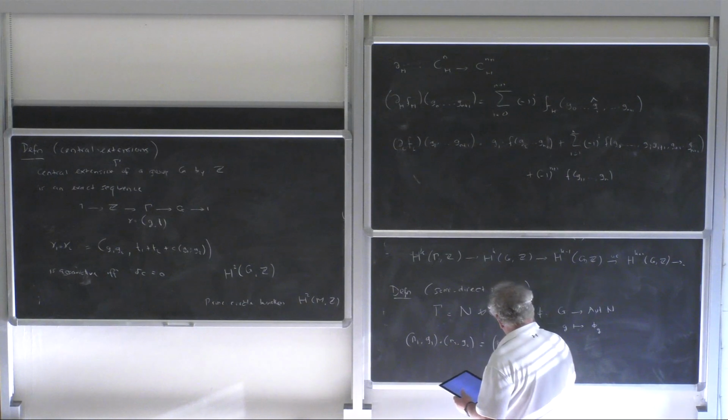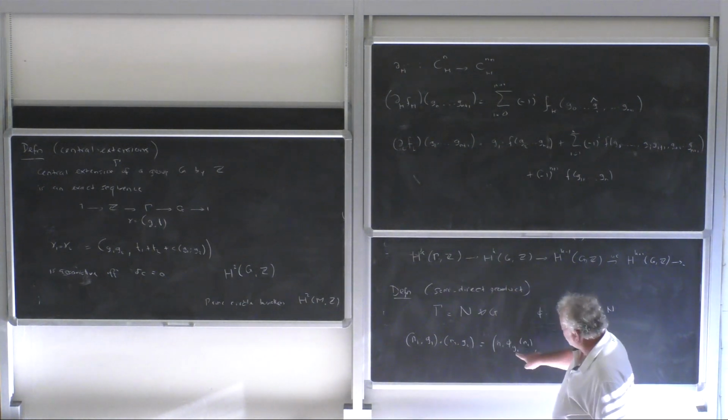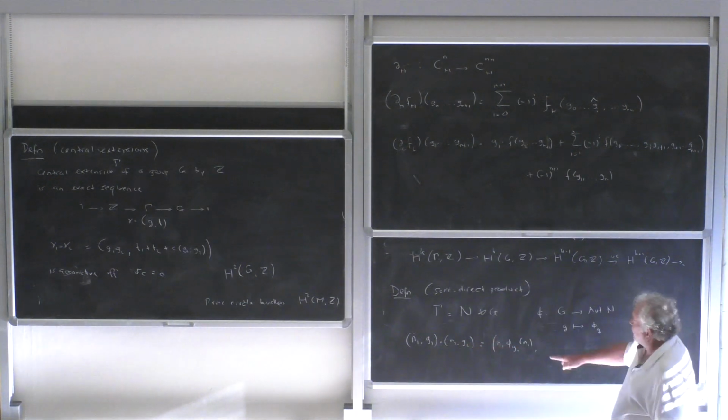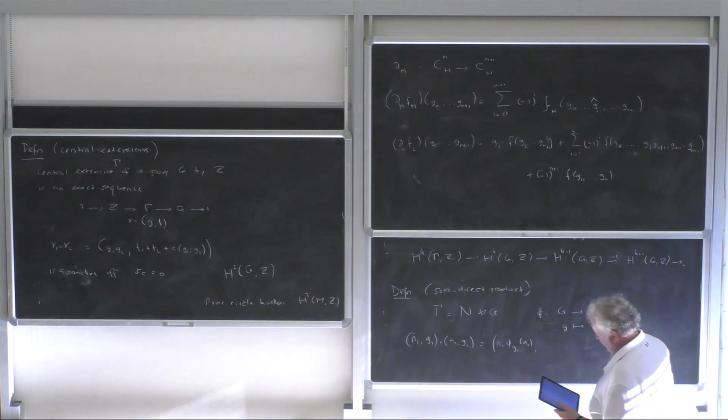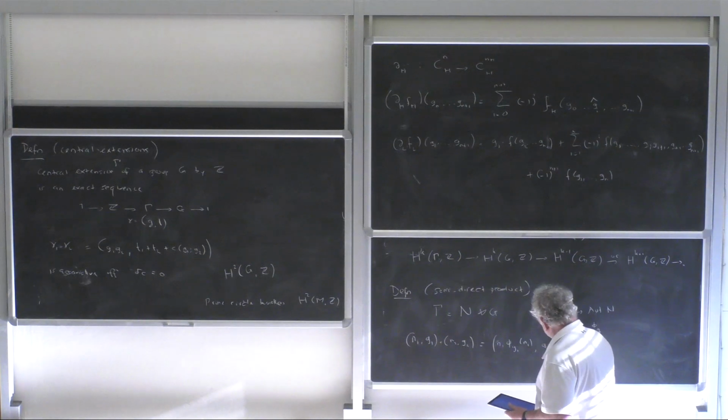So you don't compose n1 and n2 as you had in the group N, but you compose them together with the automorphism, and then g1, g2.